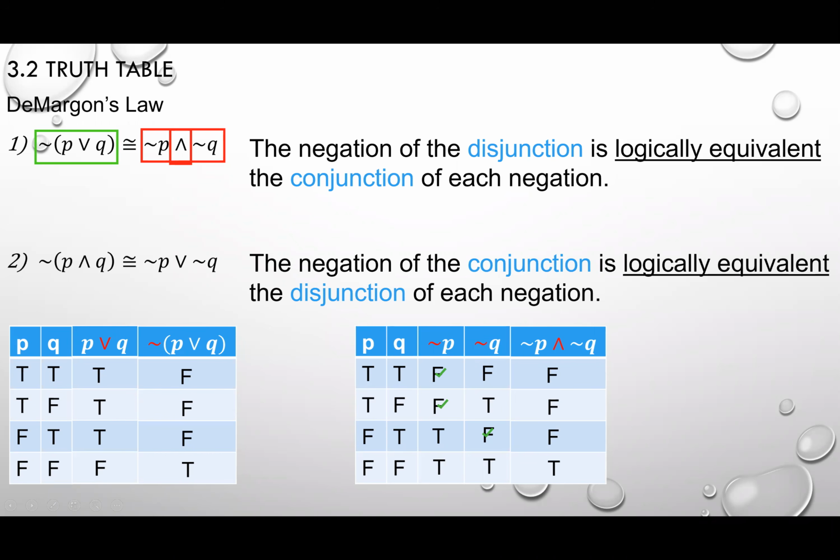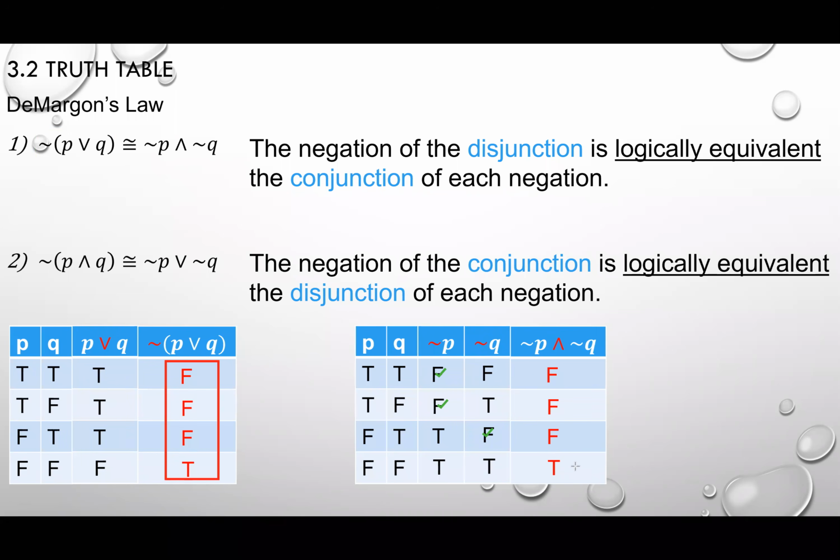So in this case, everybody sees that we have false, false, false, true. And this, ladies and gentlemen, when you construct the truth table, whatever truth table you have, as long as the final product is exactly the same, everybody sees we have exactly the same here, false, false, false, true, and false, false, false, true.